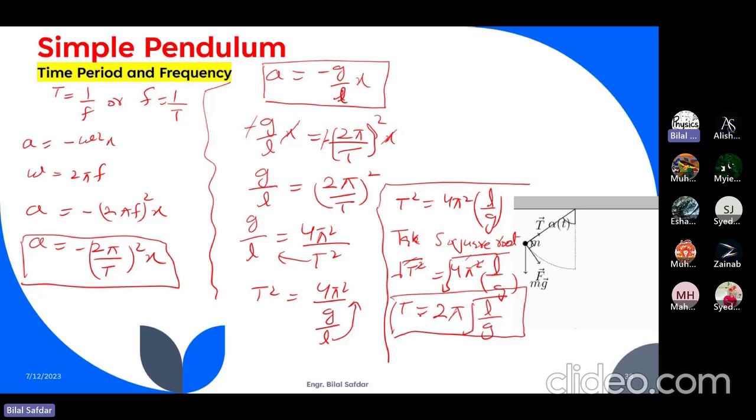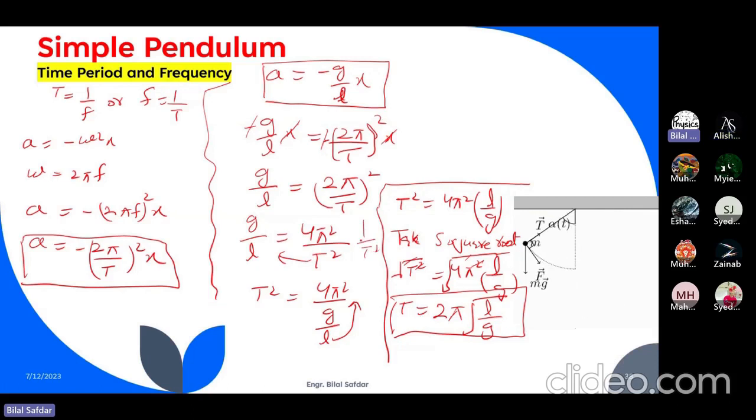Sir, at this point, g divided by l, can we just take 4 pi squared to the left side and not take the T squared to the left side? That would be the same, I guess. If we are not moving T squared toward the left, then it is in the denominator.